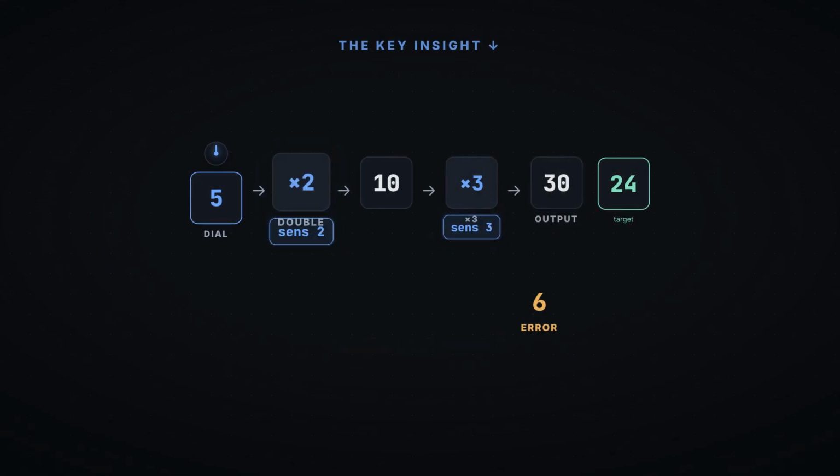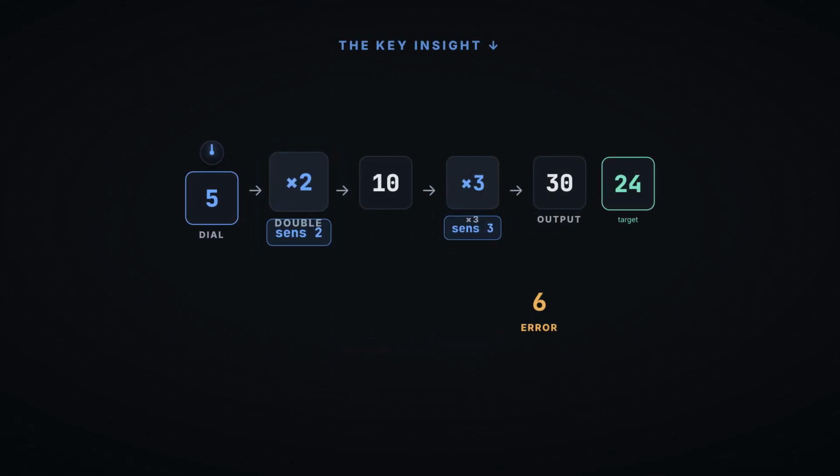And here's the key insight, the thing that makes the whole method work. To find out how much the dial affects the final error, you just multiply the sensitivities along the path. 2, then 3, so 2 times 3 is 6. A tiny nudge to that dial gets amplified by 2, then by 3, landing as a change of 6 at the error. So if I bump the dial up by a hair, the error goes up by 6 times that hair.